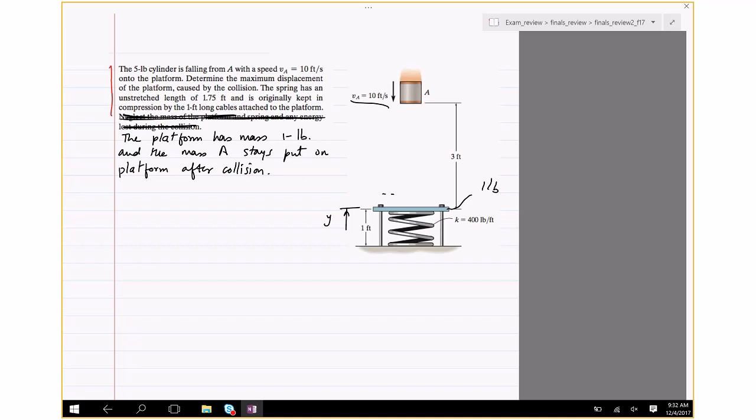The coefficient of restitution is zero because it's a plastic collision. So you use conservation of momentum, and thereafter when it hits, it becomes one single assembly. That assembly is going to have a new velocity. We got to find that velocity, and then find the displacement due to the whole assembly moving down. So then we again use the principle of conservation of energy.